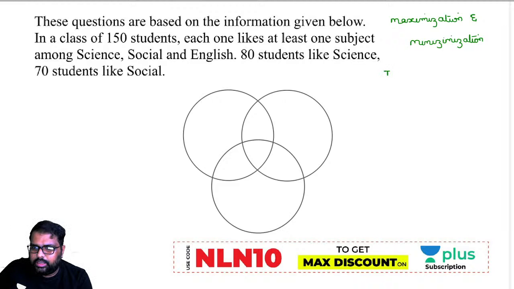So totally there are 150 students. So your total, which is nothing but the mu value, is nothing but 150.